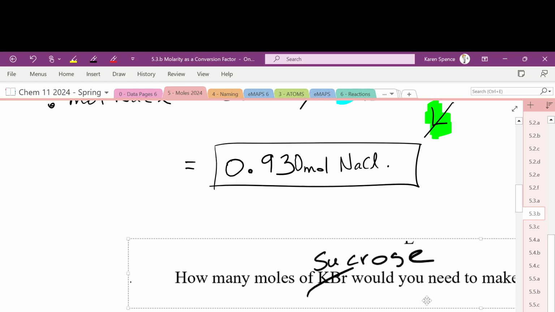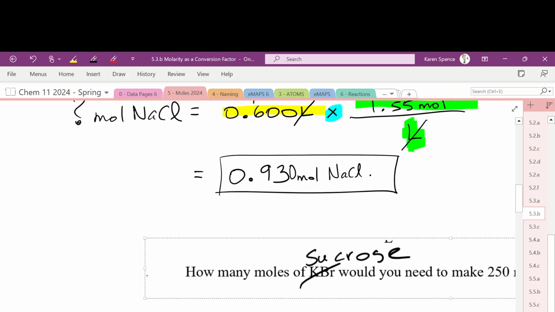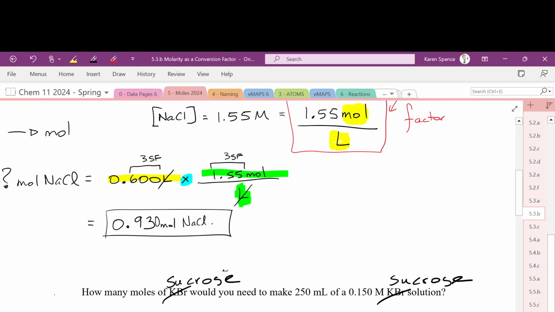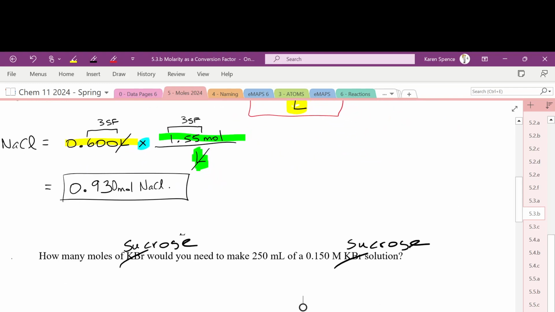So get yourself a piece of paper or whatever. And I don't know why I wrote KBr, and then in my answer key I wrote sucrose, but we're going to make it sucrose. Give it a try, just on a piece of paper somewhere.